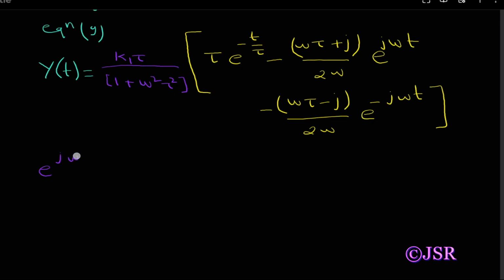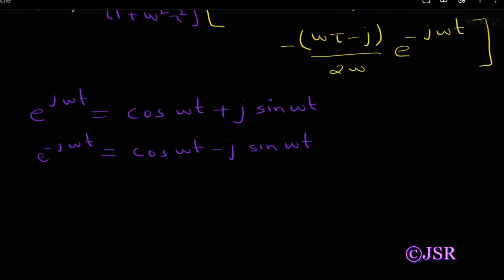Since we know that e to the power j omega t is equal to cos omega t plus j sin omega t, and e to the power minus j omega t is equal to cos omega t minus j sin omega t.